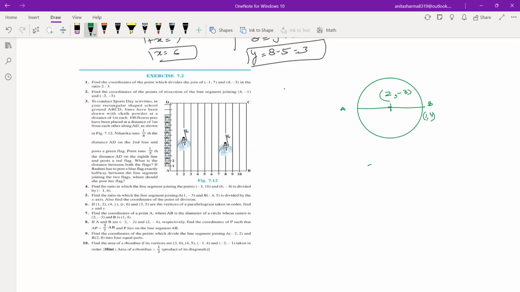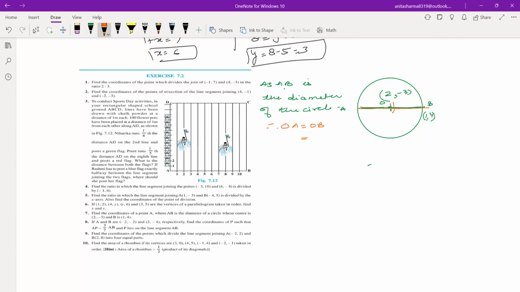So, beta, if you observe, OA and OB are the radii of the circle. As AB is the diameter of the circle, therefore OA is equal to OB. Half of the diameter will be the radius, na beta?